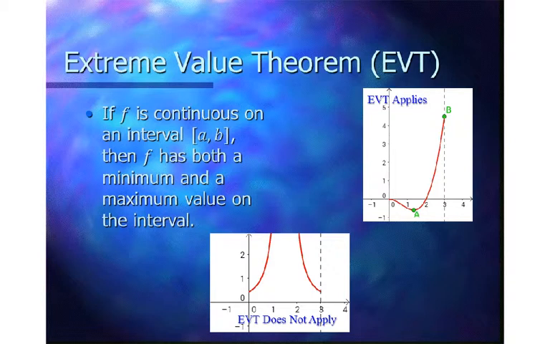If you notice, the graph to the right shows a function for which the extreme value theorem, or EVT, applies. We have both a maximum at b and a minimum at a. For the bottom graph, the extreme value theorem does not apply because this function is not continuous on that interval. It has a vertical asymptote at 1.5.